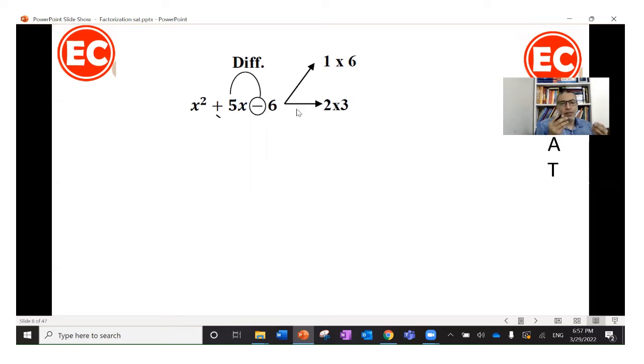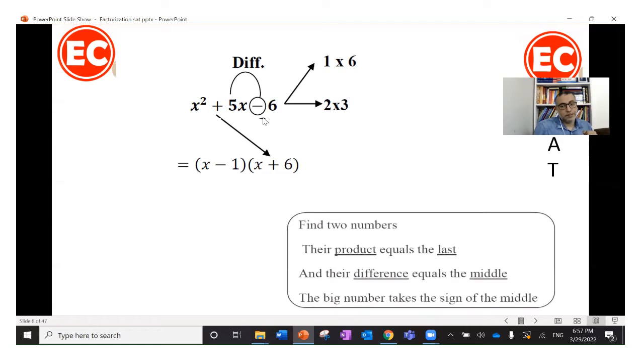Here, you have to be careful. You put the greatest number, which is 6, with the sign of the middle. If the sign of the middle is positive and 6 is the greatest number, I put it with positive, and the other number with negative. So in the case of negative, it's two brackets, one positive and the other negative, and the greatest number takes the sign of the middle.